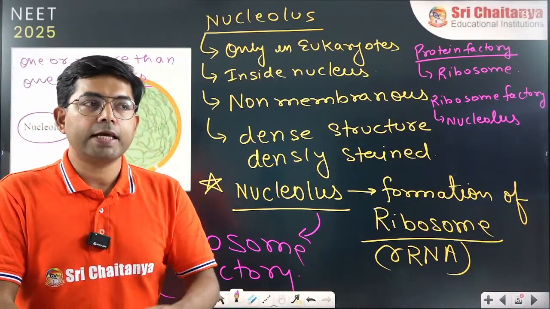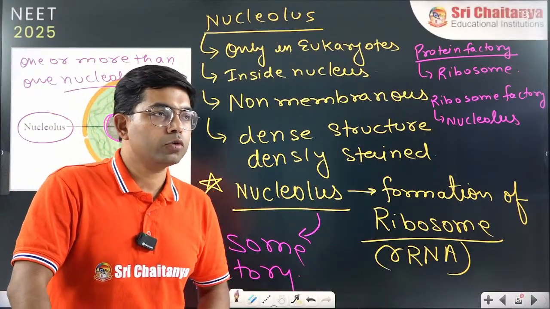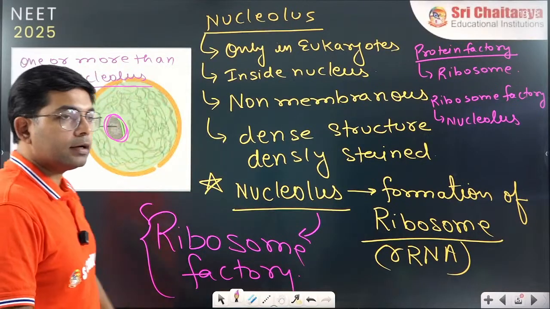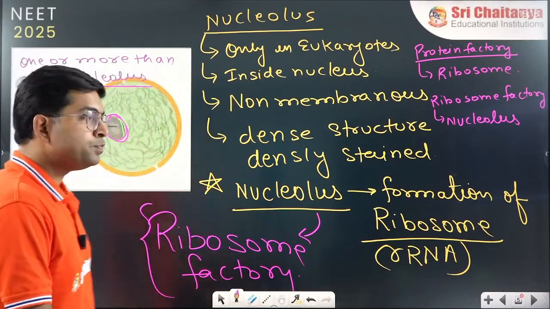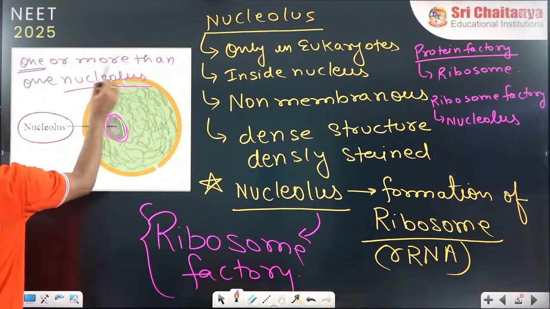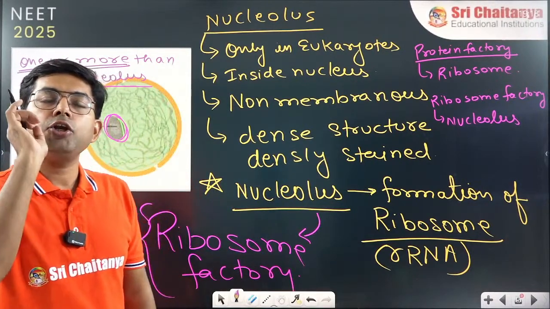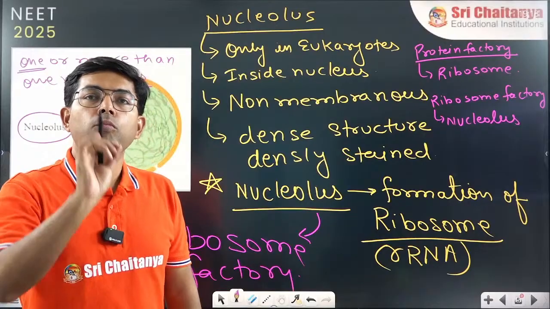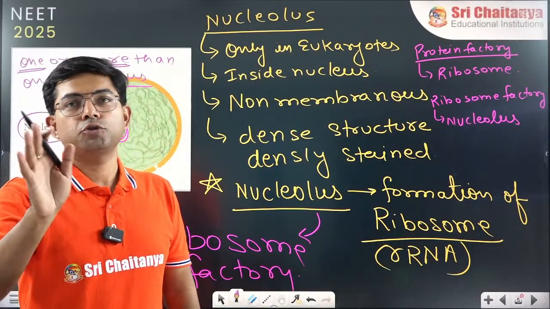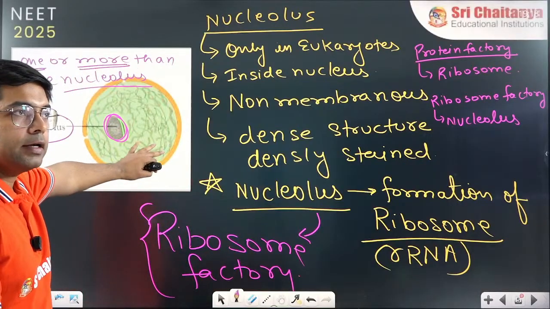The more active the cell, the more nucleolus can be found. Yes, Mokshit, correct. Remember this. If a statement says that a nucleus can have more than one nucleolus, true or false? It is true. So function is clear, structure is clear, everything is clear.